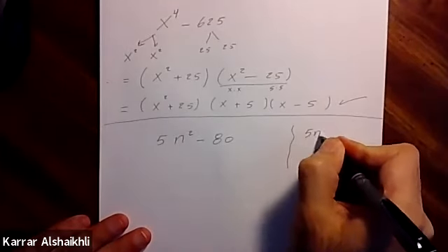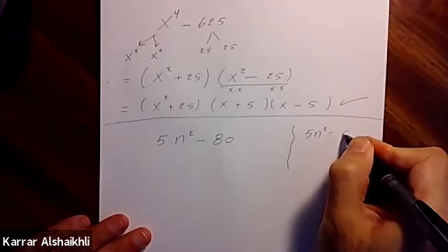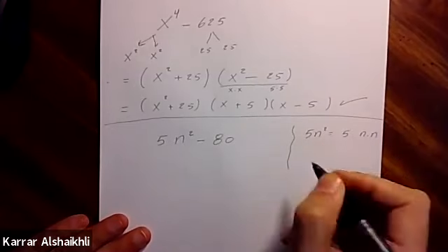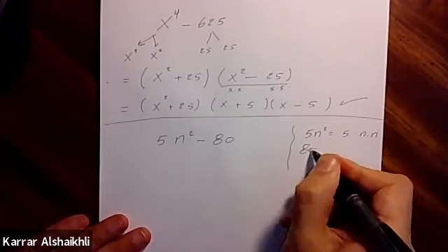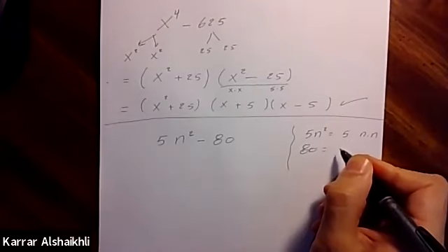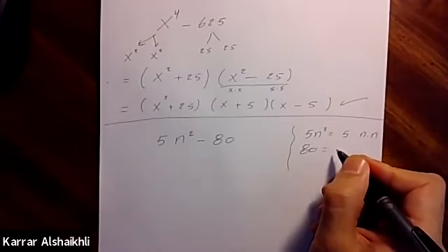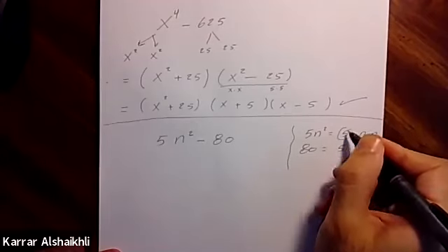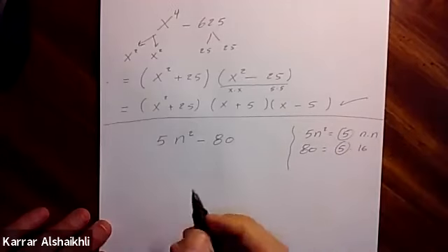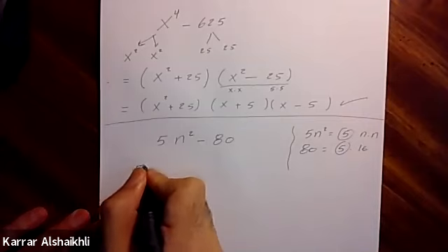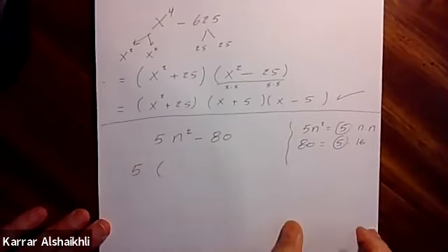Because 5n squared is 5 times n times n. 80, we can write down 5 times which number? 16. 5 times 16. You see, the common is 5. So I'm going to take the 5 as a GCF, open parentheses.